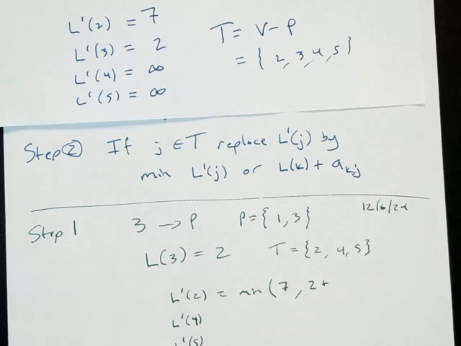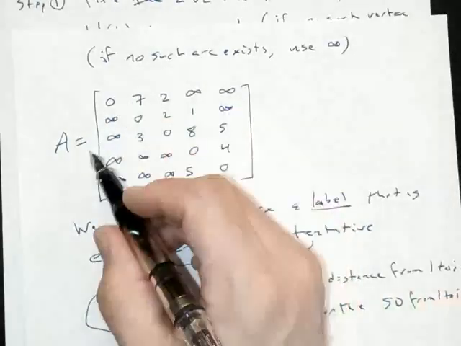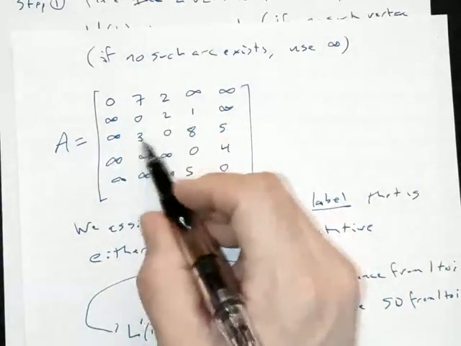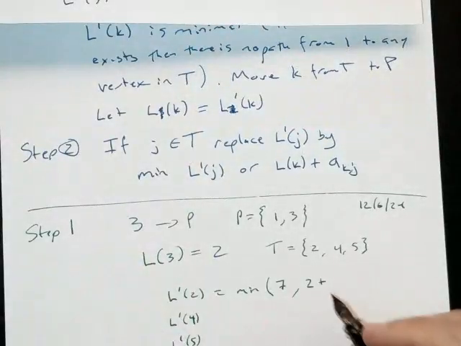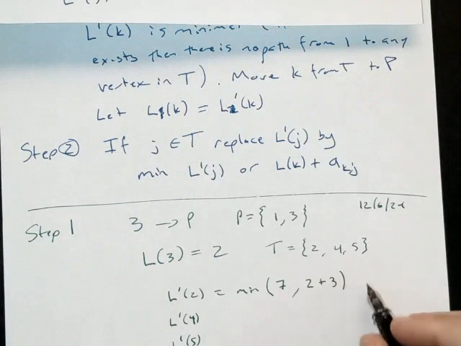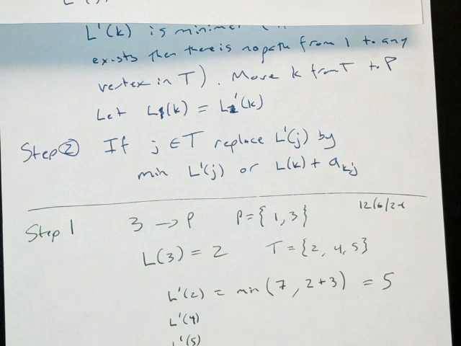How much does it cost me to go from vertex 3 to vertex 2? I can do that from the matrix. I can do it from the diagram. I have the matrix right here. To go from 3 to 2 costs me 3. The smaller of those is 5. That's my new temporary label. 5 is smaller than 7. That was easy.